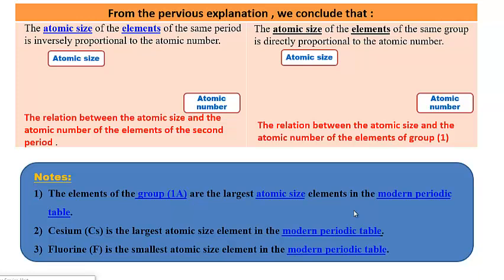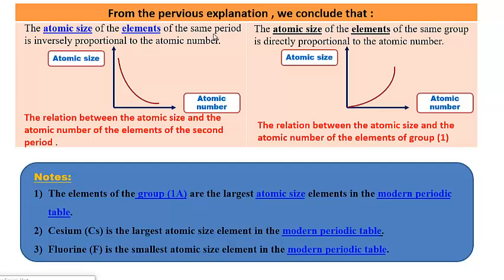Okay, if I need to draw the relation between the atomic size and the atomic number in the period and in the group. The atomic size of elements in the same period, as I said before, is inversely proportional to the atomic number. When the atomic number increases, the atomic size decreases, and vice versa, in the period.